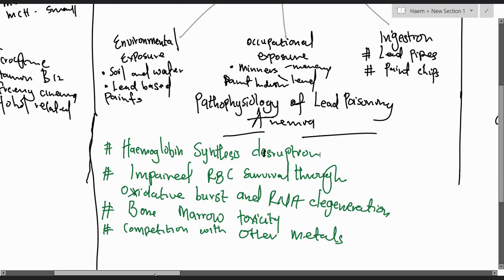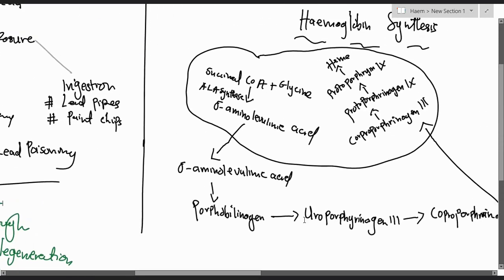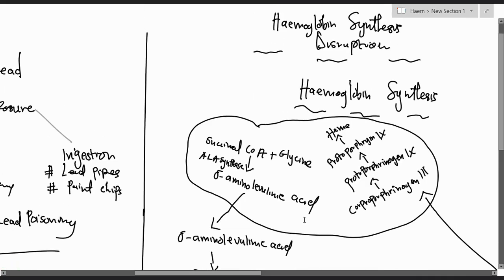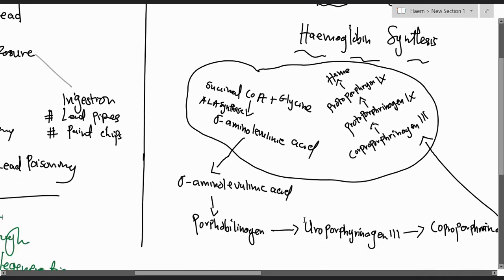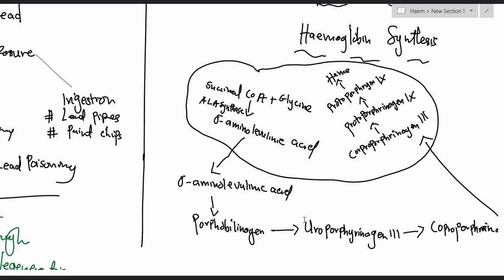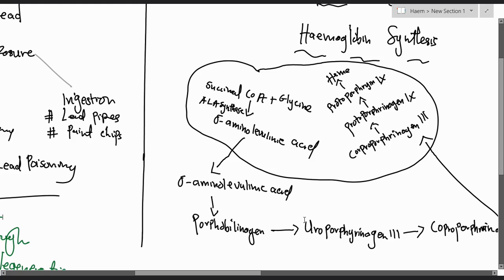Before we talk about the hemoglobin synthesis disruption, we have to first know how hemoglobin synthesis occurs. We have lectures on hemoglobin synthesis, you can go and check that one out. So here in hemoglobin synthesis, we have succinyl CoA reacting with glycine to give us alpha aminolevulinic acid.